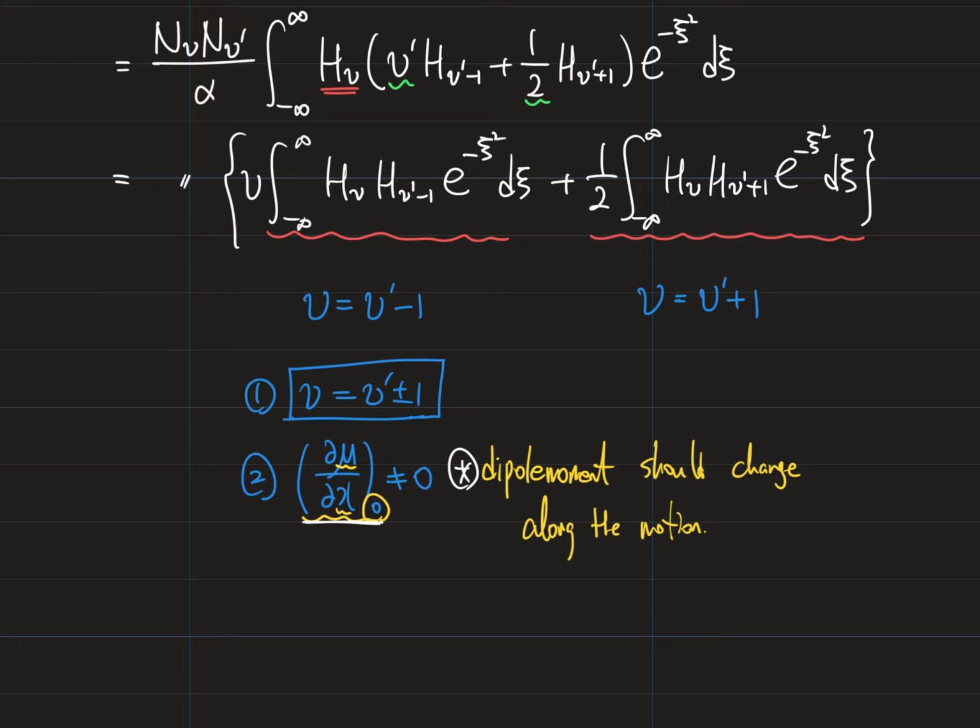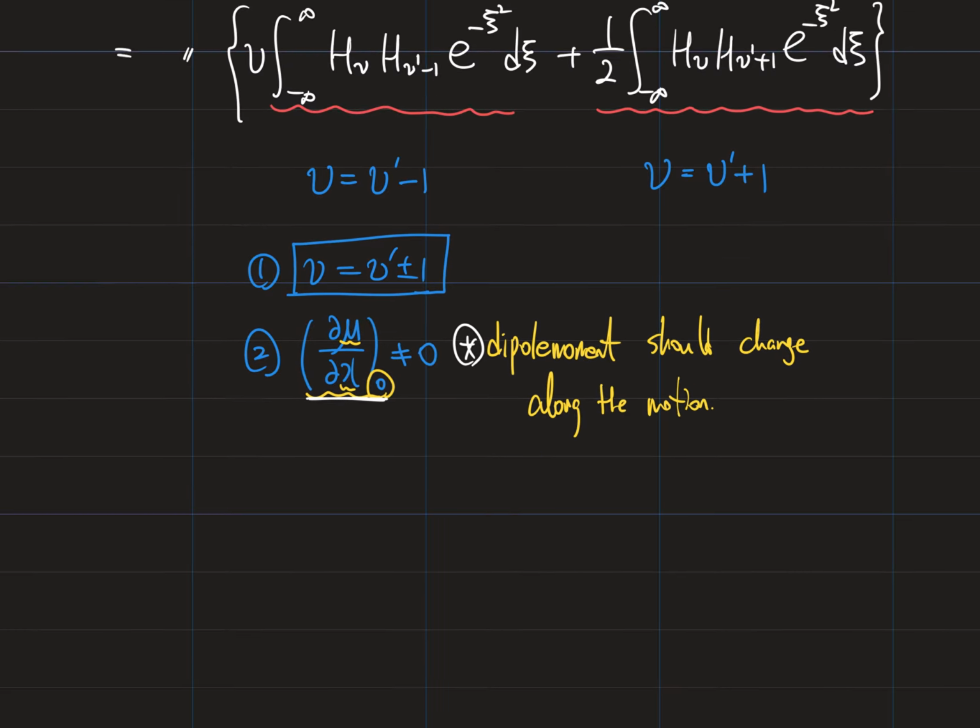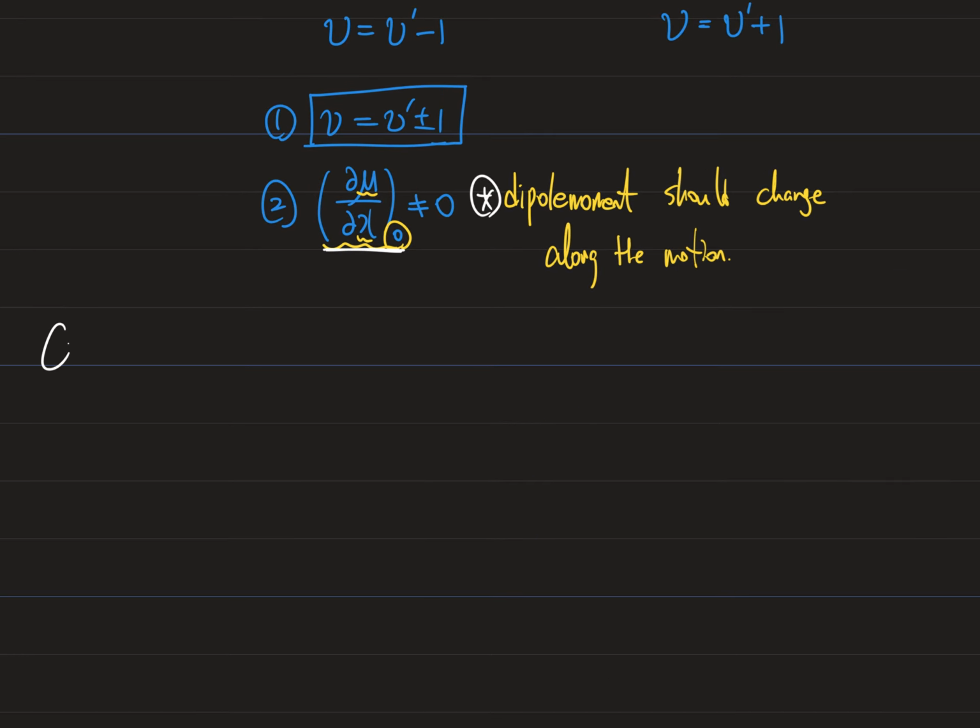So let's take a look at examples, carbon dioxide and water. Water first. Water has 3 degrees of freedom for vibrational motion.